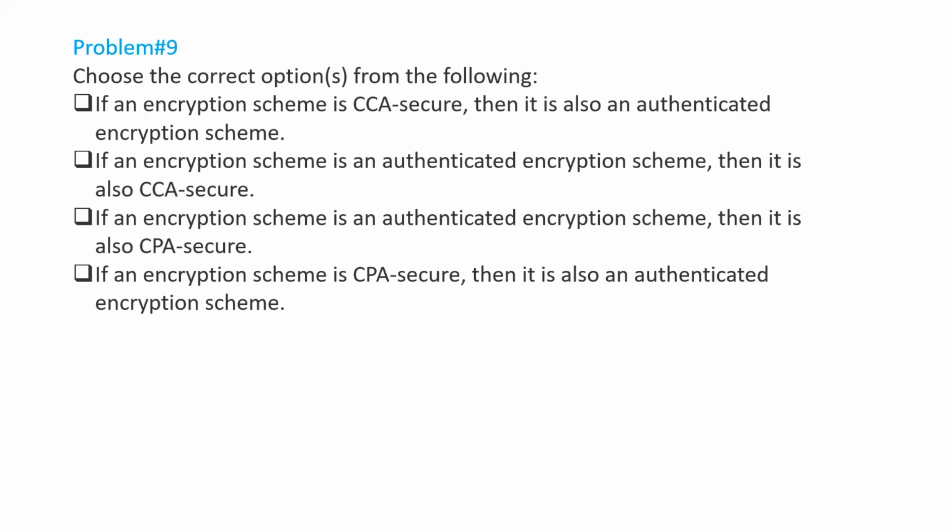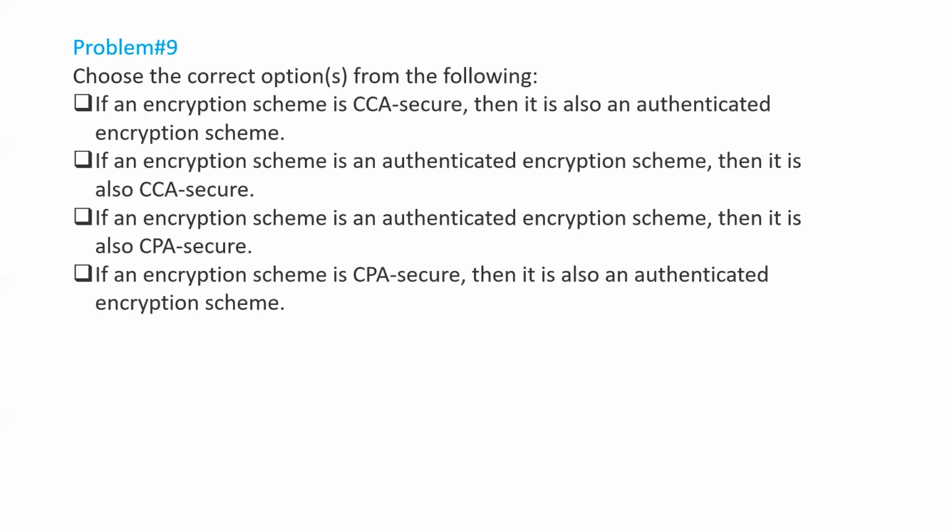Second option: if an encryption scheme is an authenticated encryption scheme, then it is also CCA secure. This is true, as I already said. Now, if an encryption scheme is an authenticated encryption scheme, then it is also CPA secure. Of course, if it is CCA secure, then it must be CPA secure as well, because CCA security is an even stronger concept of security than CPA security.